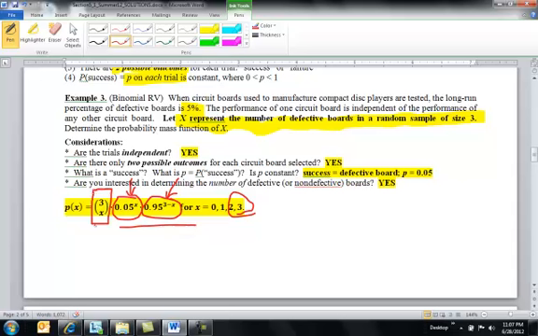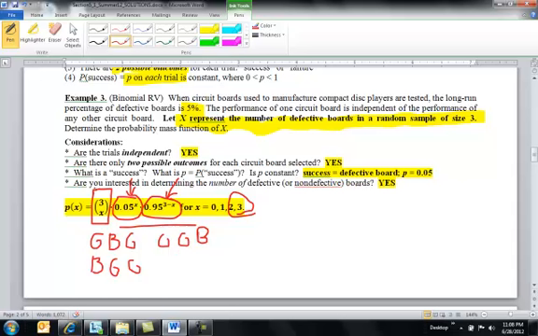I mean, you're choosing 3 boards. You could have a good board, then a bad board, and a good board, or you could have a bad board and 2 goods, or a good and a good and a bad. So there are 3 ways you could choose one of them to be bad.